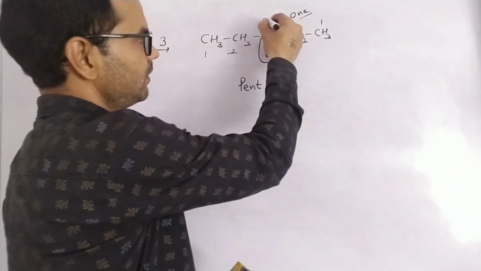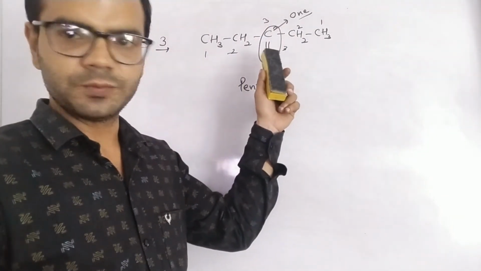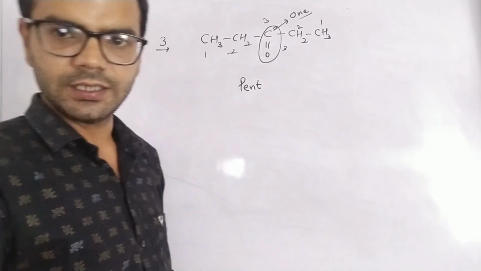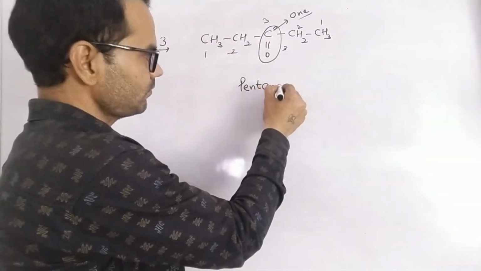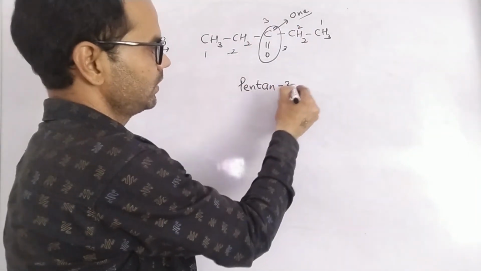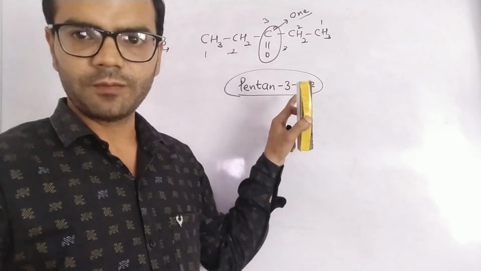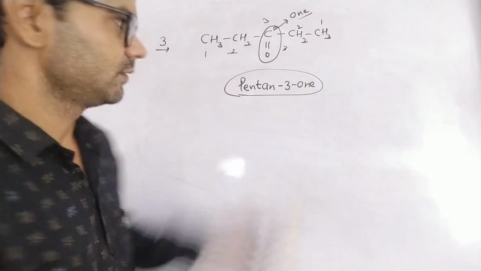From this side also 3. So at third position the ketone group is present. All the carbons contain single bonds, so the primary suffix is ane. Pentane 3 one. E is dropped here because the next letter is a vowel. Right?